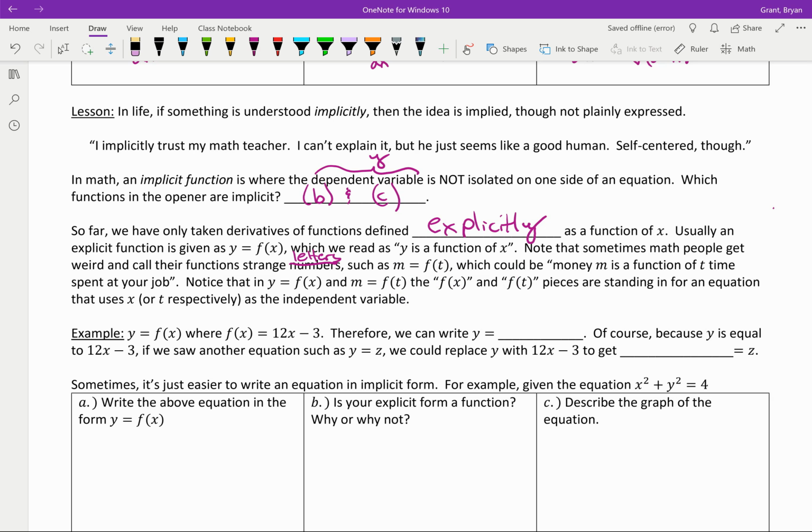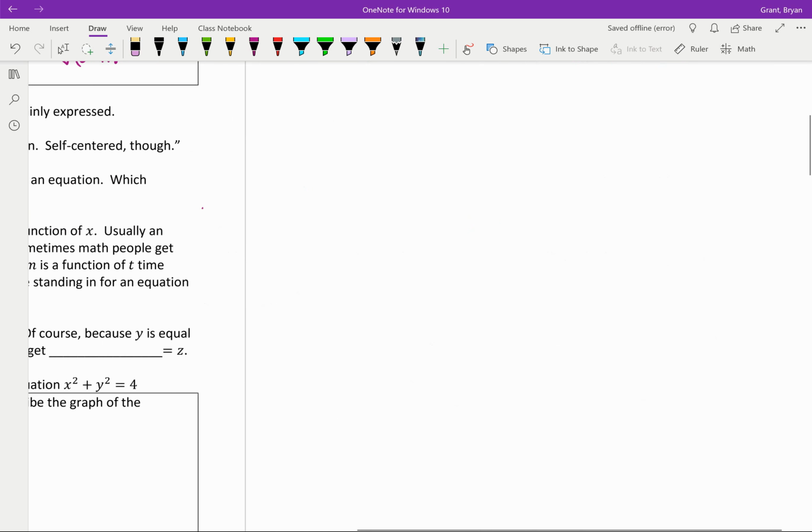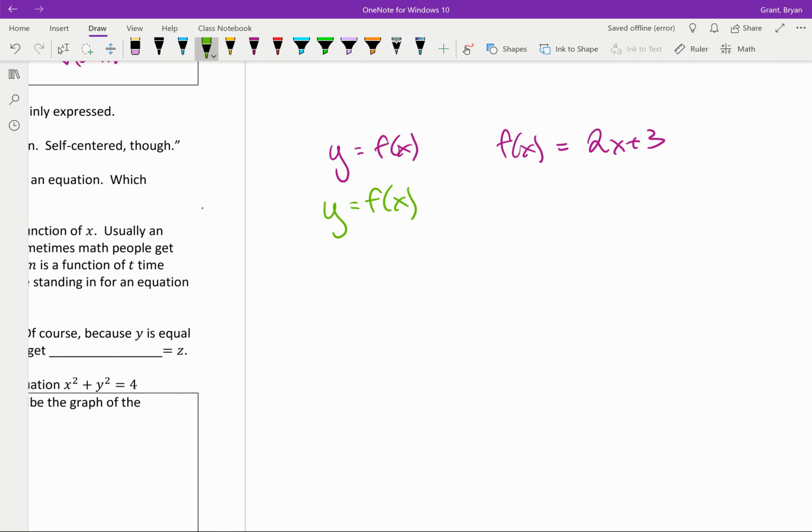The only time I really change that is if we have two equations that have the exact same independent and dependent variable, and things might get confusing, right? So, for example, if you were dealing with an equation y equals a function of x, where maybe the function of x is something like 2x plus 3, and then you're dealing with another function of x, well, then that would be really confusing.